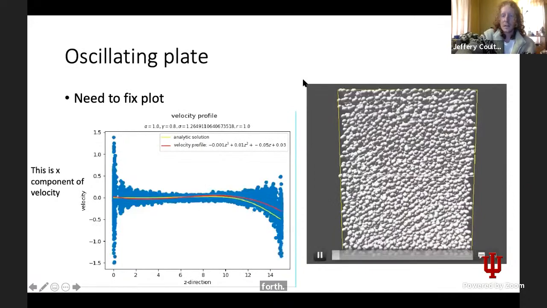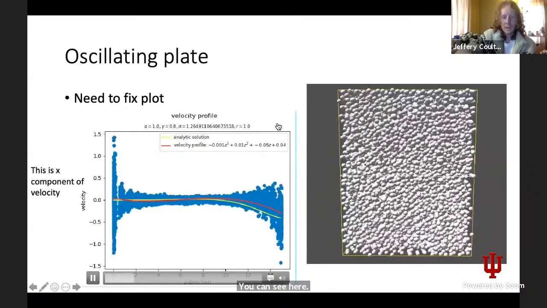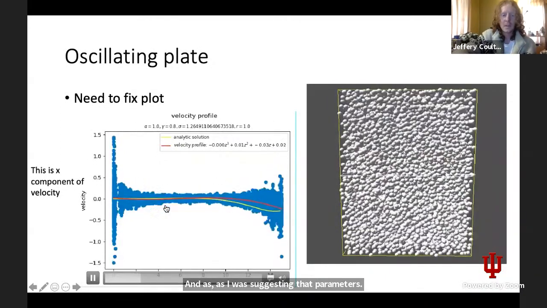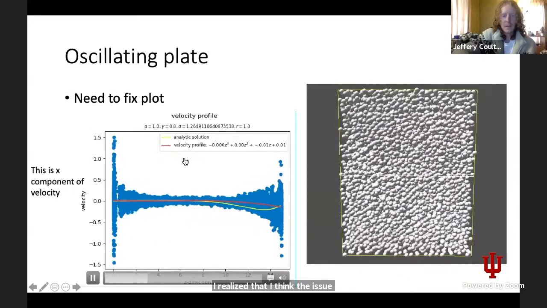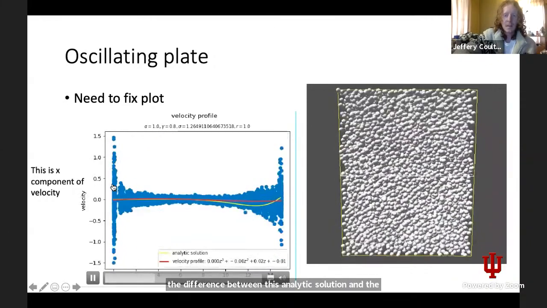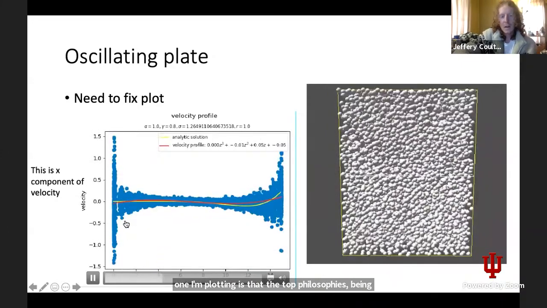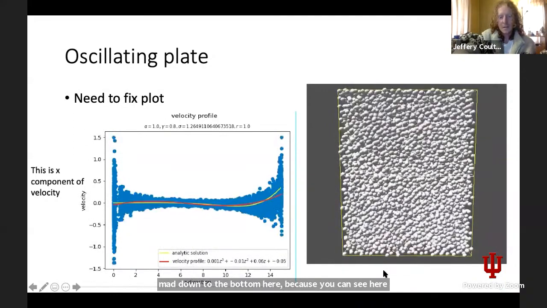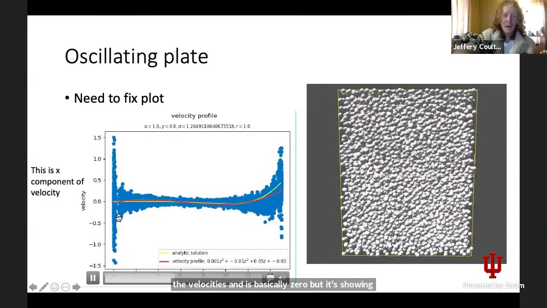As I was adjusting the parameters, I realized that I think the issue with the difference between this analytic solution and the one I'm plotting is that the top velocity is being mapped down to the bottom here, because you can see the velocity is basically 0, but it's showing that it's very high.